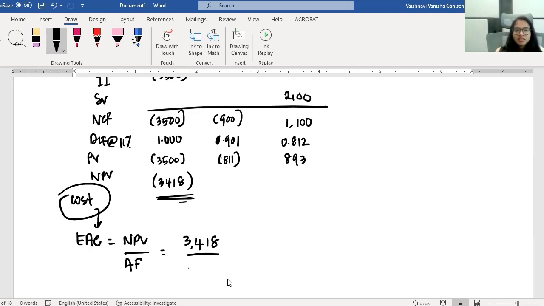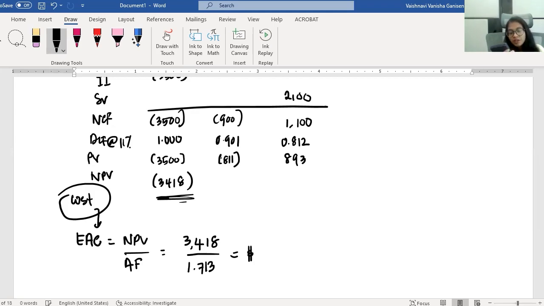Now, annuity factor 11%, 2 years. One point seven, 1.713. 3418 over the answer.